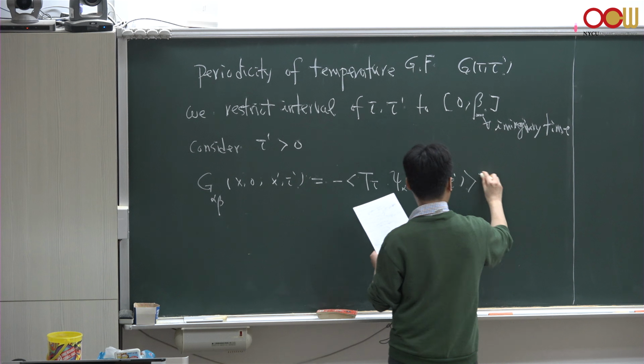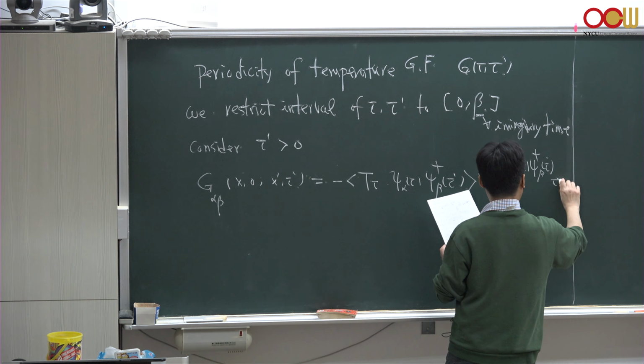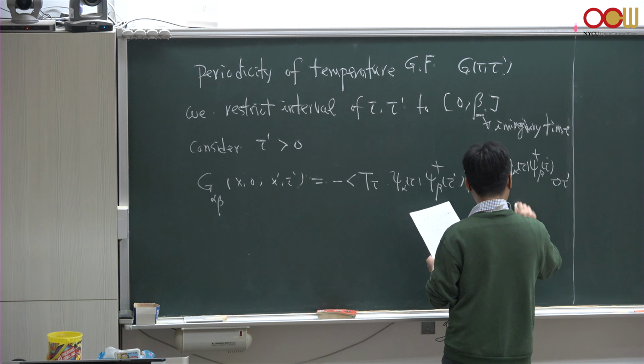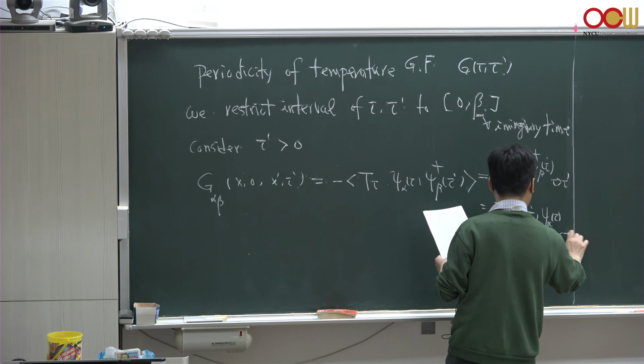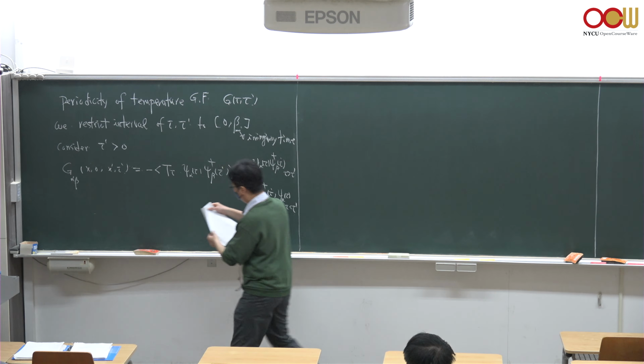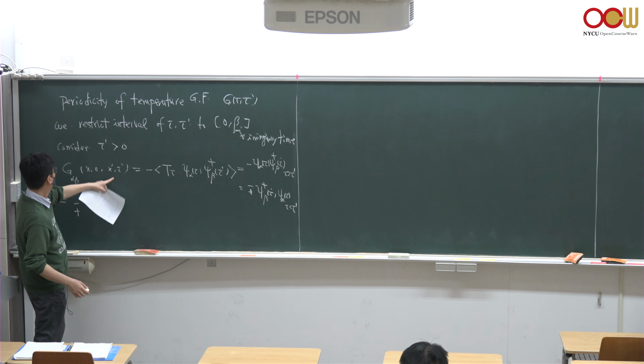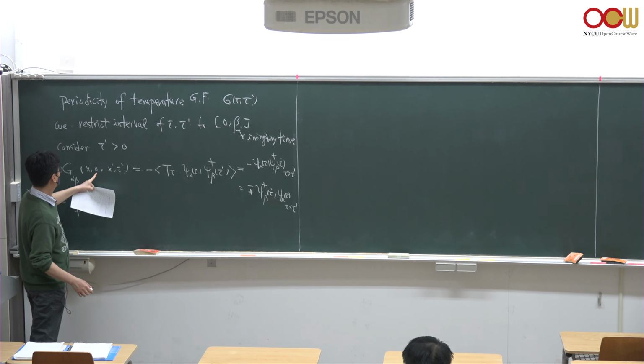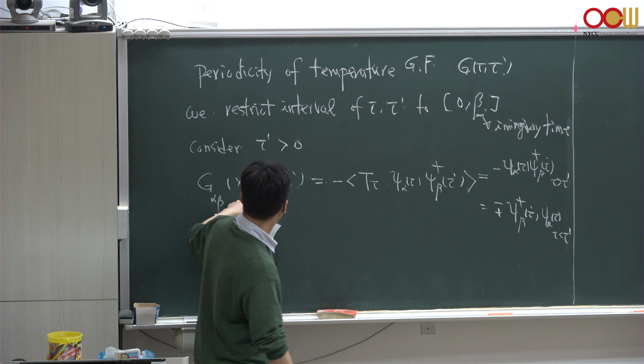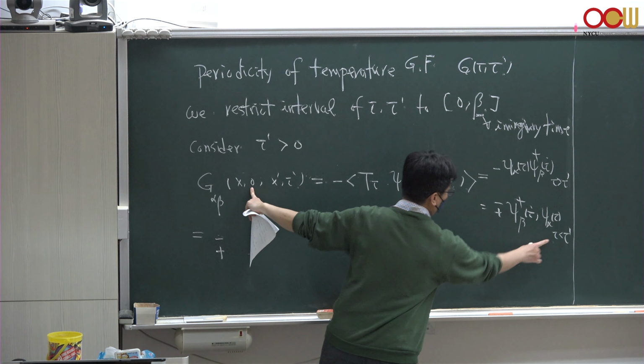As I mentioned already, this is minus for tau larger than tau prime, minus plus for tau less than tau prime. So let's just plug in this definition, which is minus plus, because now tau prime is positive, which means that tau is actually less than tau prime, and tau is 0.